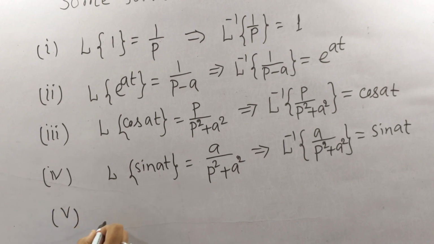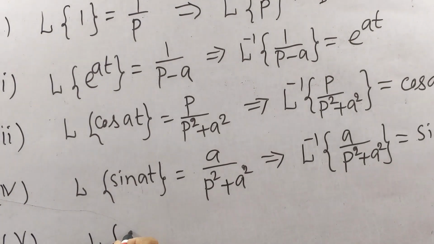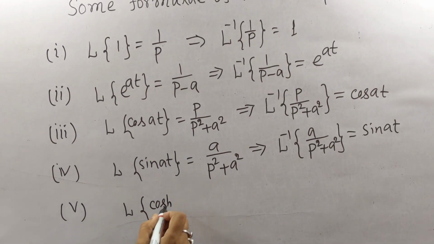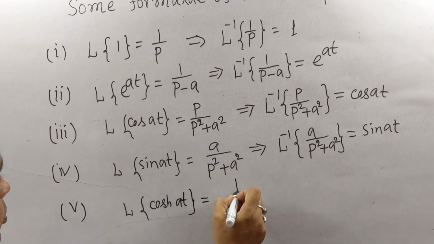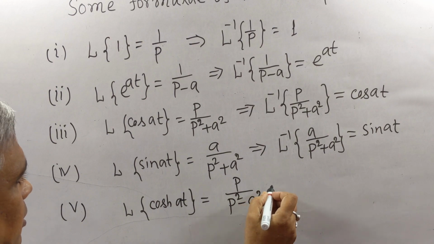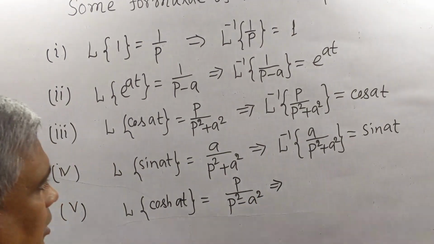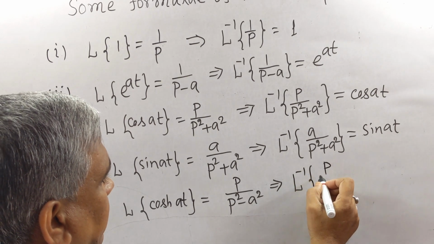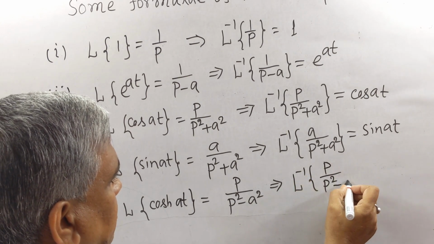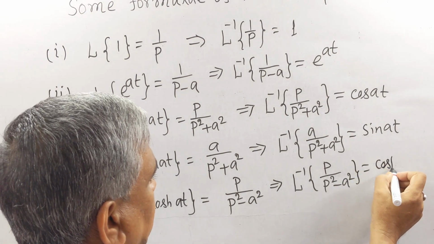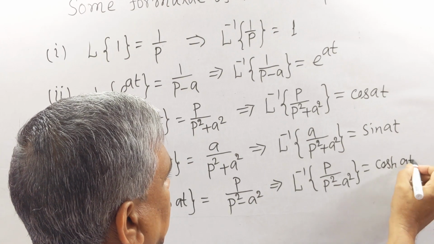Number 5, L{cosh at} = p by (p square minus a square), which implies that L inverse p by (p square minus a square) = cosh at.